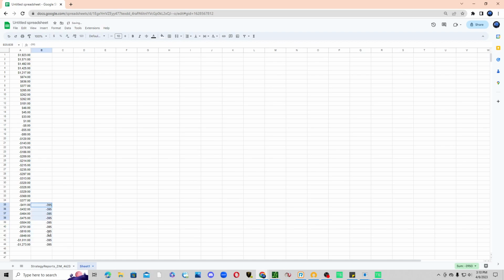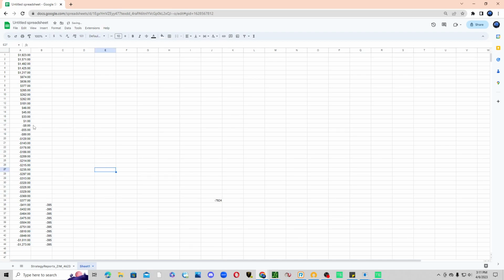So if I add these plus these, my sum is now negative $7,924. The previous sum was negative 11,000 something, right? So if this sum is negative 7,924, this is my losing side. Let me write that down. Negative 7,924 is my losing side.